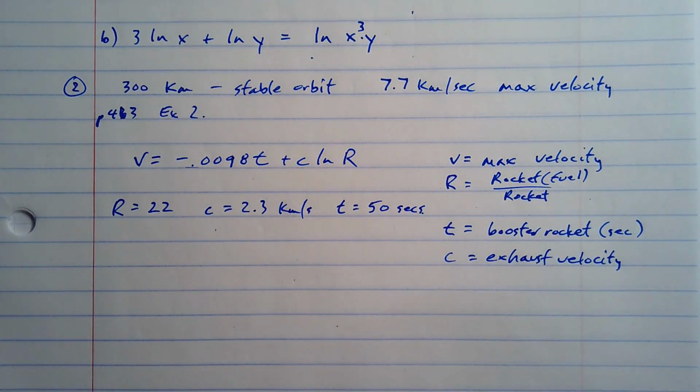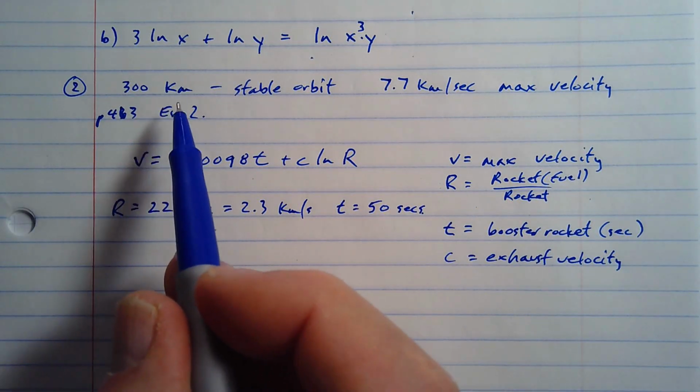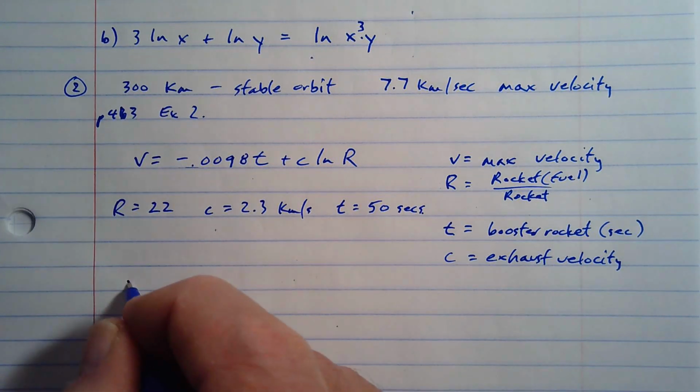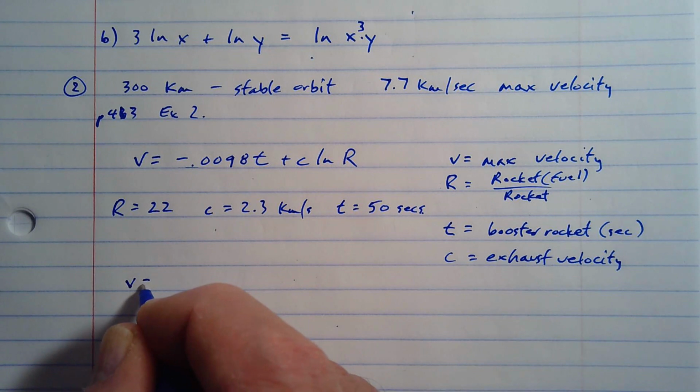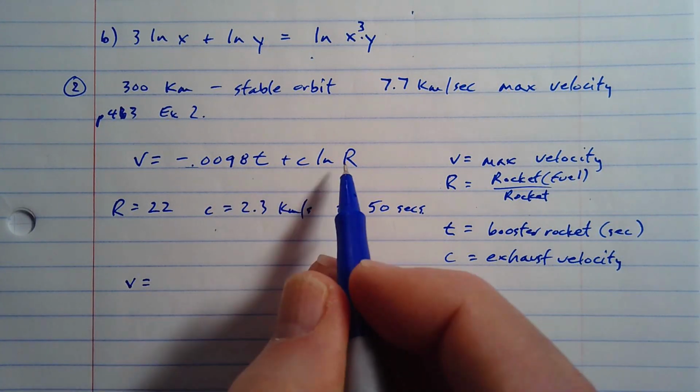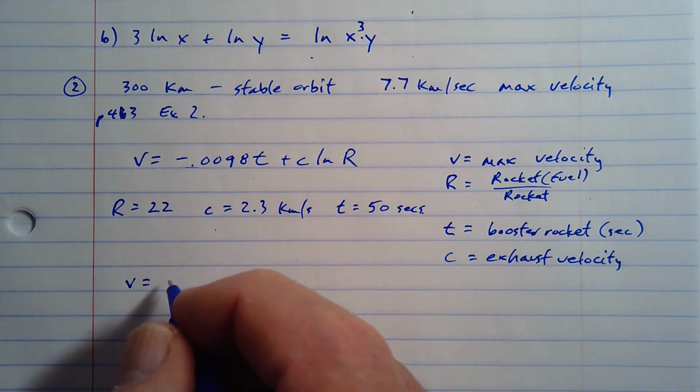And the question is, is this going to be able to reach a stable orbit of 300 kilometers? And so the only number that I'm not given is the maximum velocity. So the t, the c, and the R I have values for, so it becomes a calculator exercise.